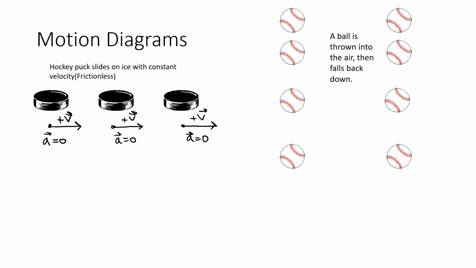I'm going to run out of room, so I'm just going to say velocity is positive upward right here. And velocity is decreasing within the same interval of time, sort of representing that with the size of the arrow, the size of the vector.